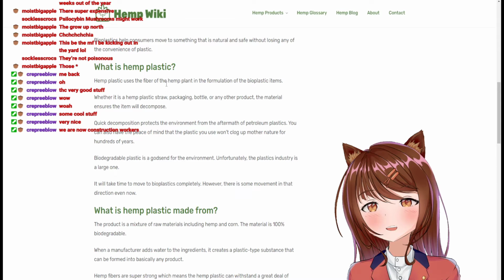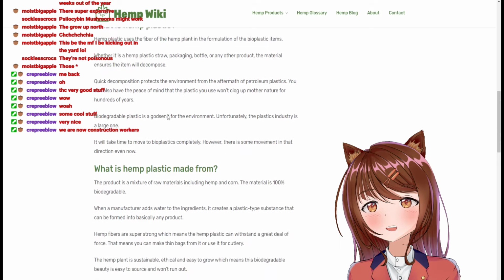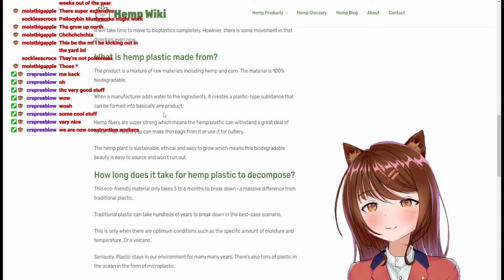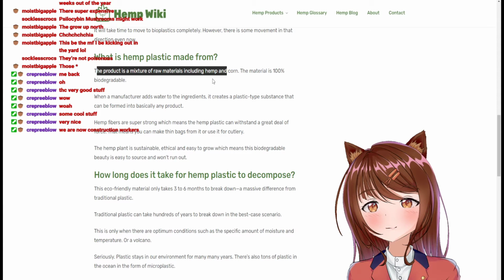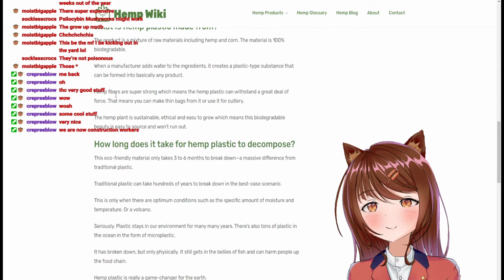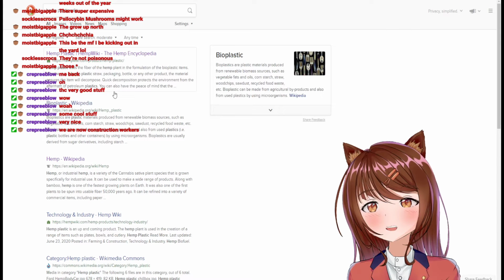Hemp plastic uses the fiber of the hemp plant in the formulation of the bioplastic items. The product is a mixture of raw materials including hemp and corn. It's 100% biodegradable. Huh. Okay, you're not telling me exactly how this is made though.